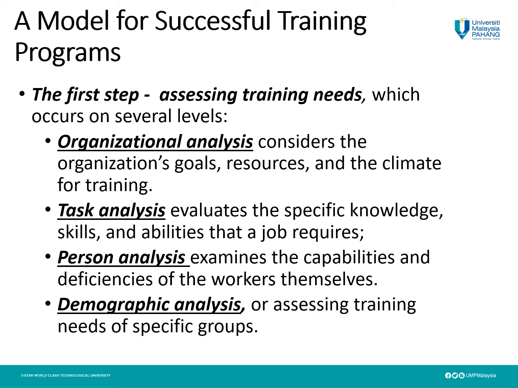The next one is person analysis of employee training needs. It examines the current capabilities of the workers themselves to determine who needs what sort of training. Person analysis usually relies on workers' deficiencies outlined in performance appraisals for incumbent workers and information derived from employee selection data, such as screening tests for new workers.